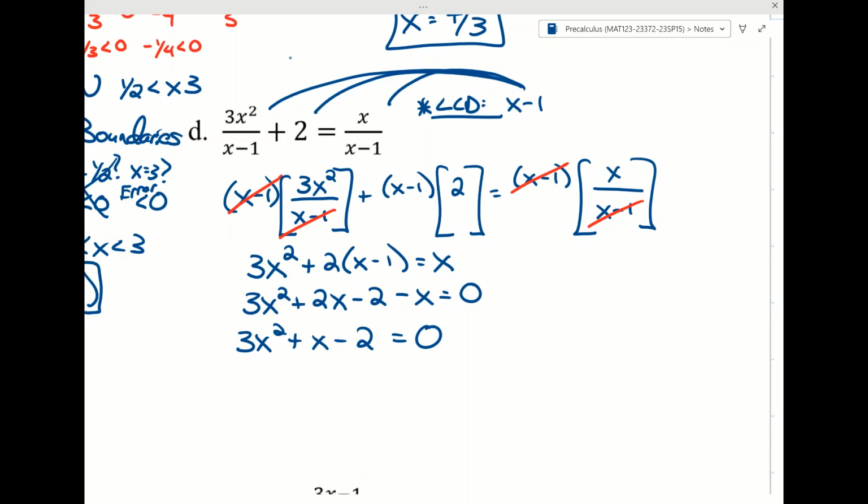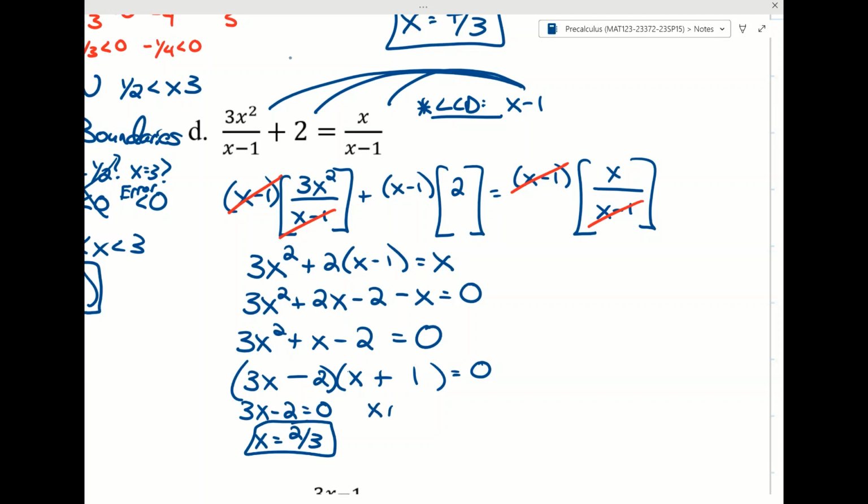Just to save a little bit of time here, we did spend a lot of time talking about factoring. This would factor to be 3x and x, 2 and 1, and let's see, positive and negative. So setting the factors equal to 0, we'd get x is 2/3 and x is -1, maybe.